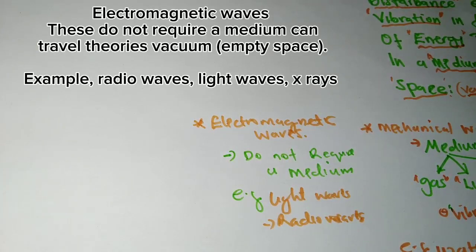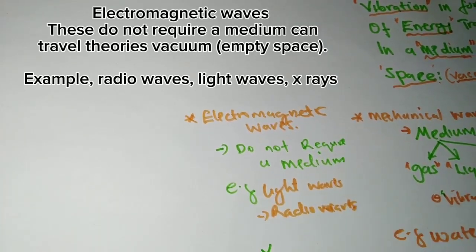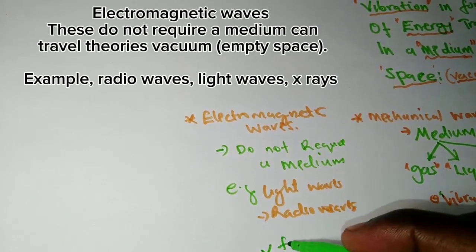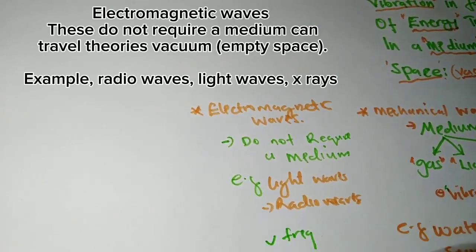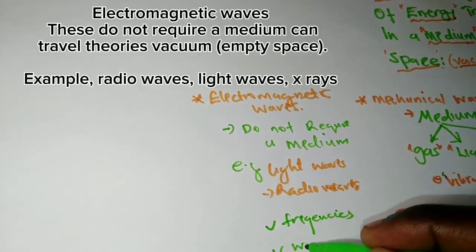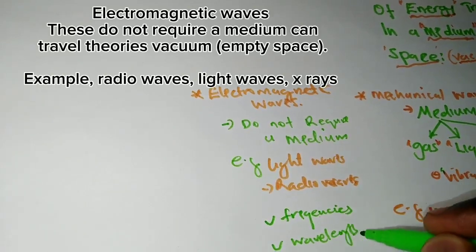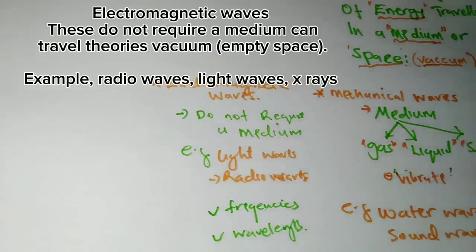Electromagnetic waves are characterized by varying properties such as frequencies as well as wavelengths, and we'll look at that later. So we have these two types of waves.